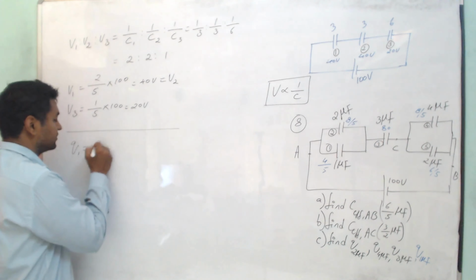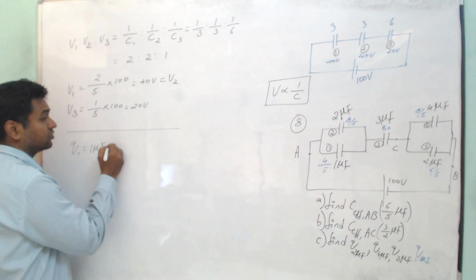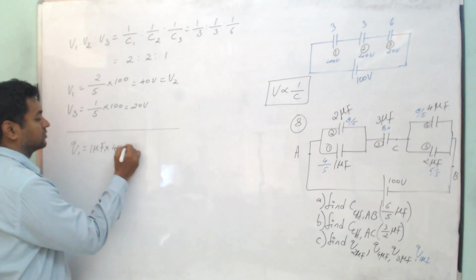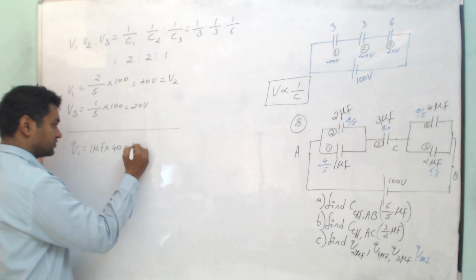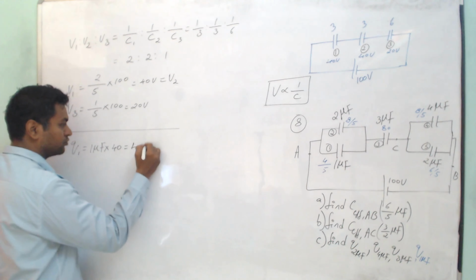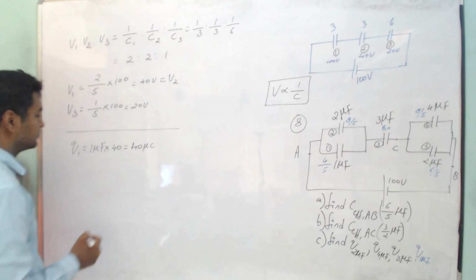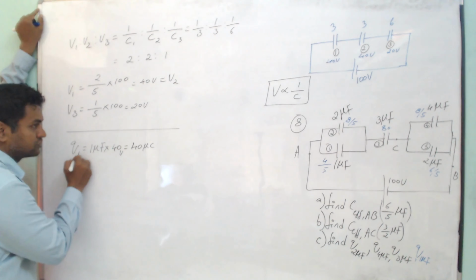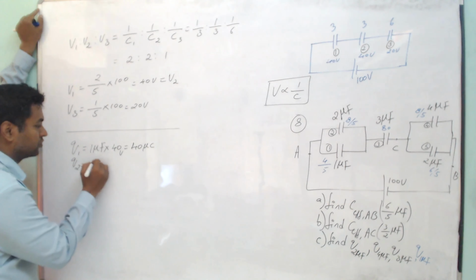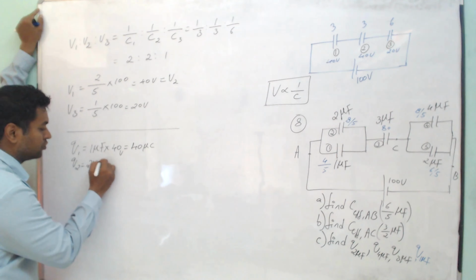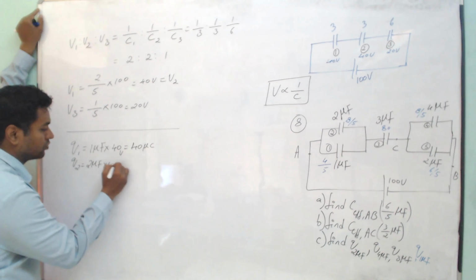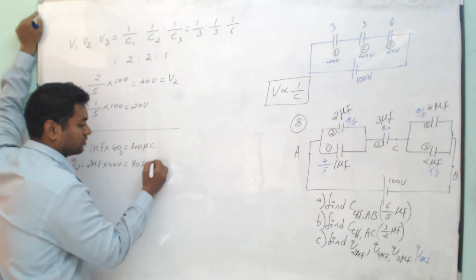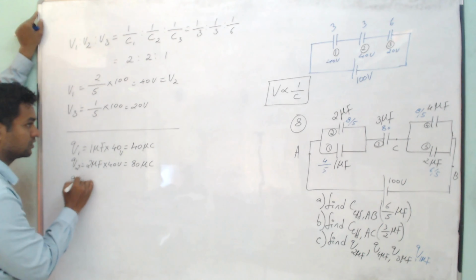Q1 is 1 microfarad into 40 volts. So it is 40 microcoulomb. What is Q2? Sir, 2 into 40, 80 microcoulomb. What is Q3?